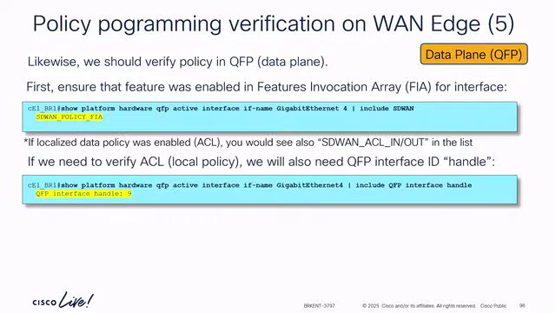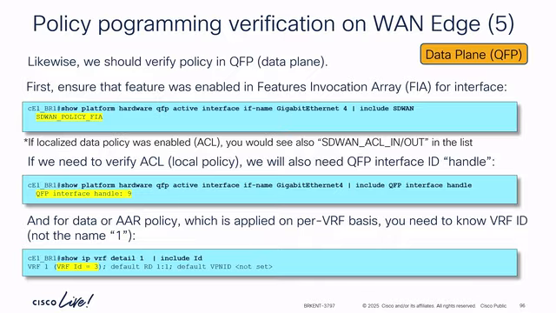If it was a localized policy, localized access list, you will see something like SD1_access list. And depending on the direction from the service side, inbound or outbound. And then also the thing is, for access list, we may need to know the interface handle ID. It's also yet another identifier, and you can determine it with the help of that command.